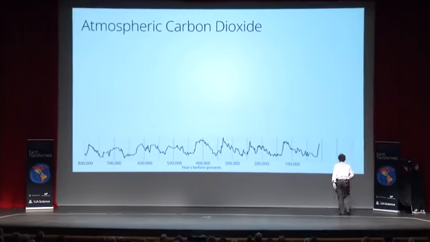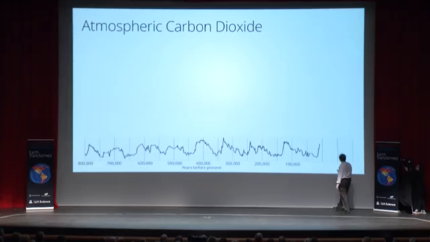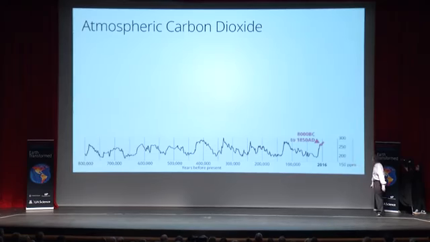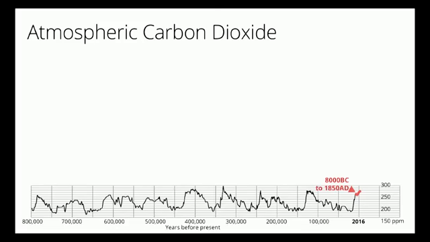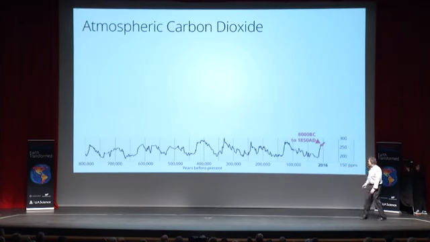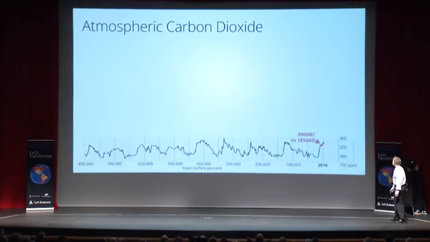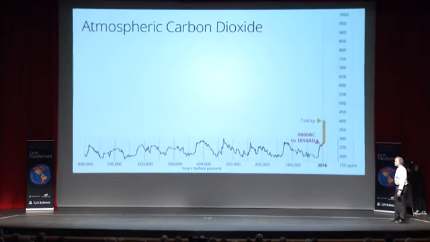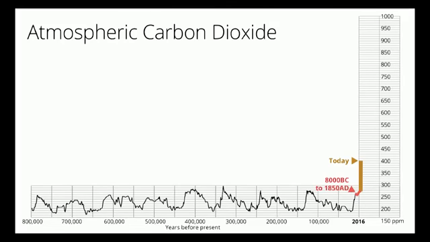And each one of these ups puts us at about 260 or 280. And here's all of human history, basically, of agricultural history, from the beginning of agriculture to present, where carbon dioxide basically was around 280 parts per million. That's where we are today.